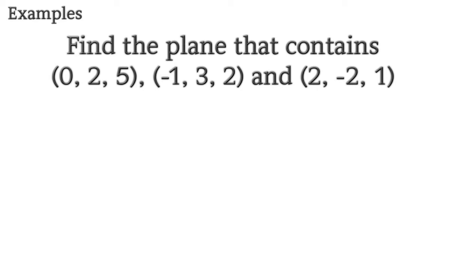So let's try to find the plane that contains the points (0, 2, 5), (-1, 3, 2), and (2, -2, 1). So it's not easy, but it's kind of doable. There are two main approaches. The first approach is to use a more Cartesian method, and the second method is to use a vector approach.